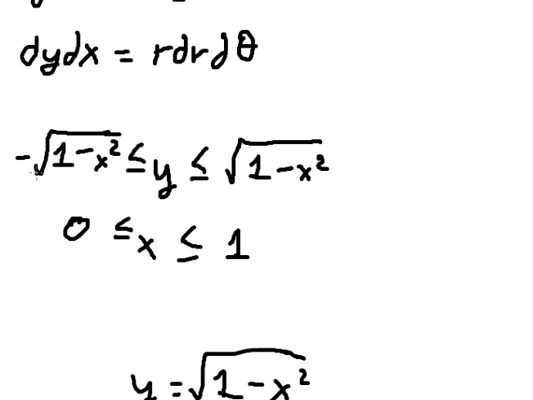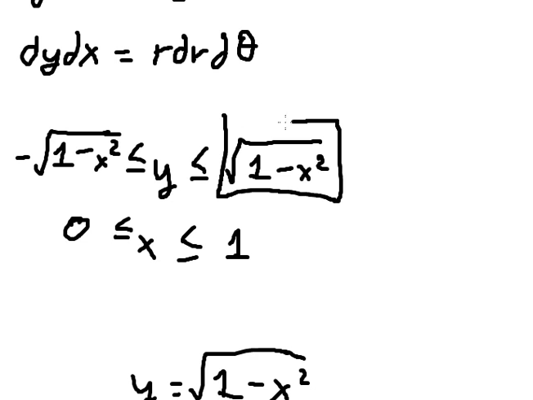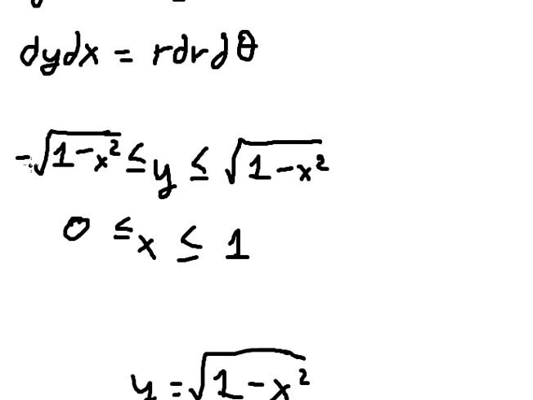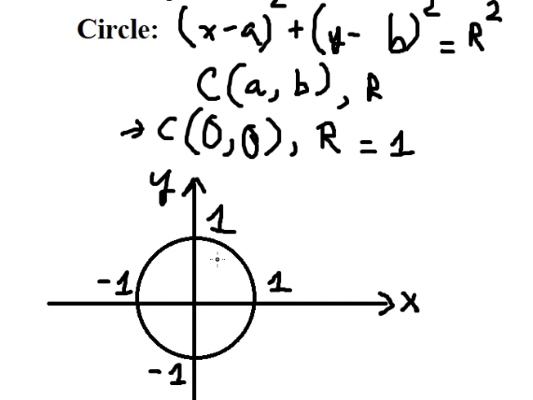And now if we look carefully at this one, we see that the square root of 1 minus s squared is this one in here, and negative the square root of 1 minus s squared is this one in here. The next one, from 0 to number 1, that should be this one. So the region we need to concentrate on is this one.